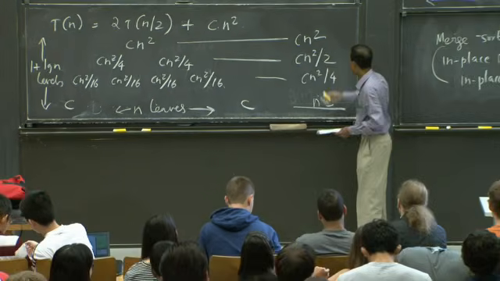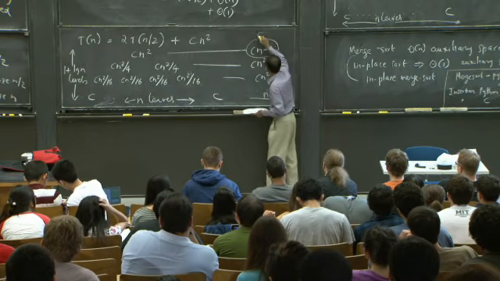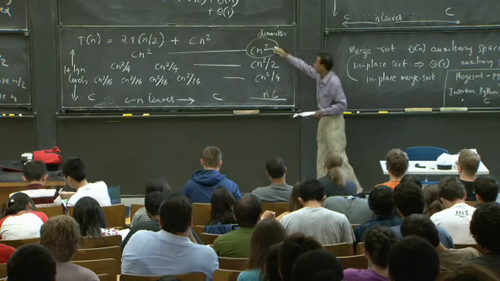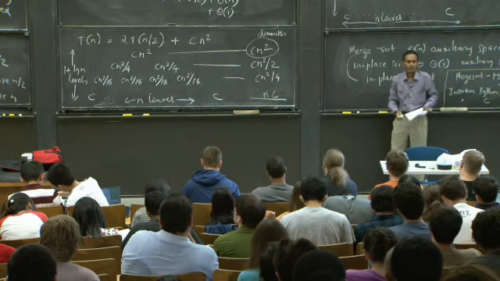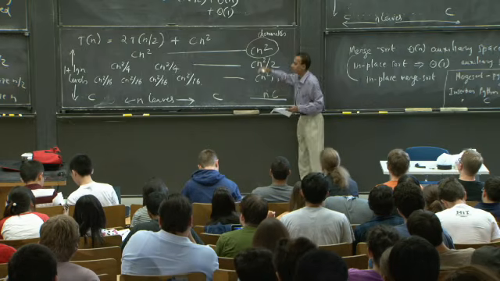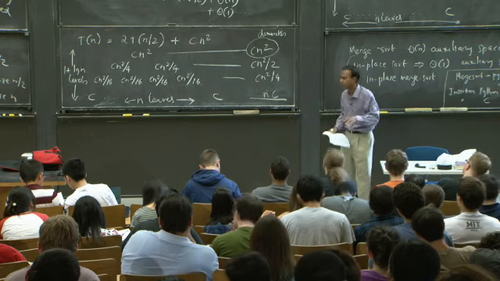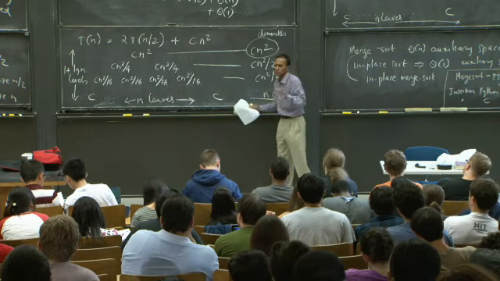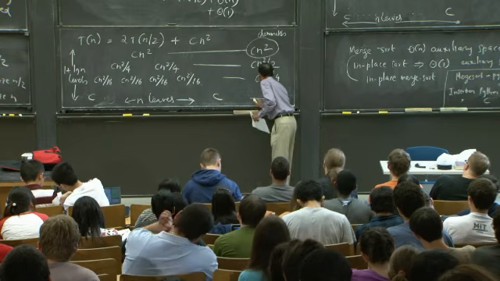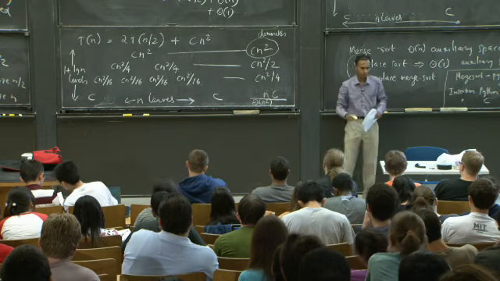Yeah, exactly right. So if you look at what happens here, this dominates. All of the other things are actually less than that. And you said bounded by 2cn squared because this part is bounded by cn squared, and I already have cn squared up at the top. So this particular algorithm that corresponds to this crummy merge sort, or wherever this recurrence came from, is a theta n squared algorithm.